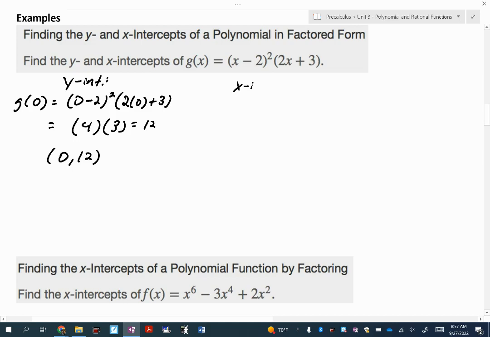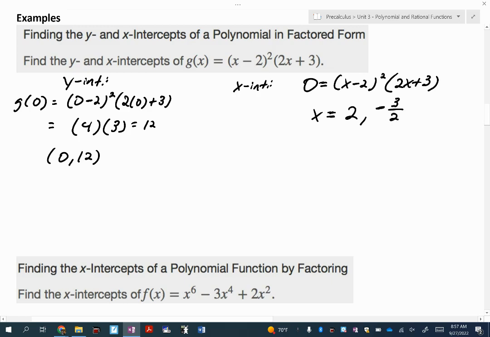Let's find the x-intercepts. Again, as I mentioned last lesson, you're going to set the entire function equal to 0. And this is really nice because it's already been factored for us. So whatever makes these two factors 0 are the intercepts. So we have 2 and we have negative 3/2.